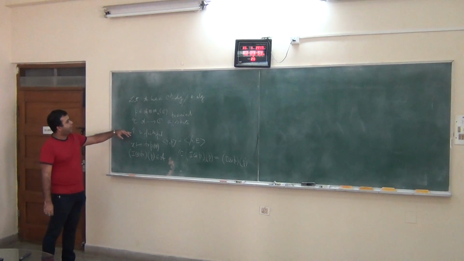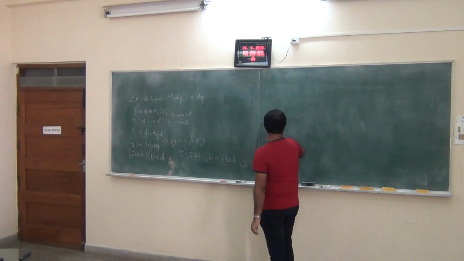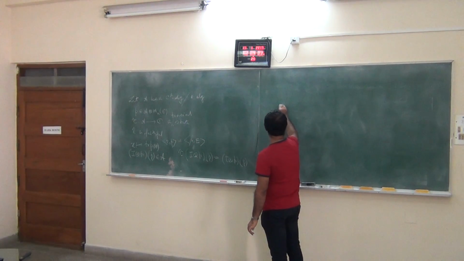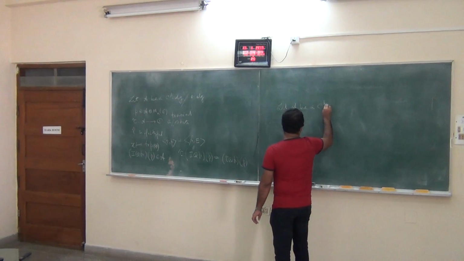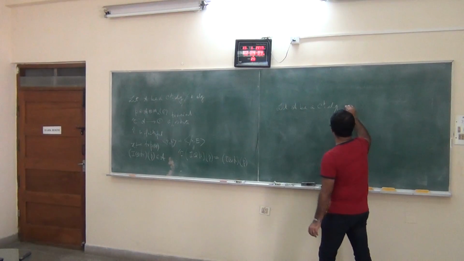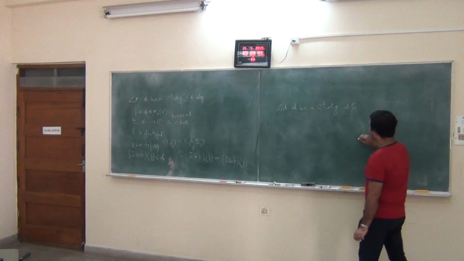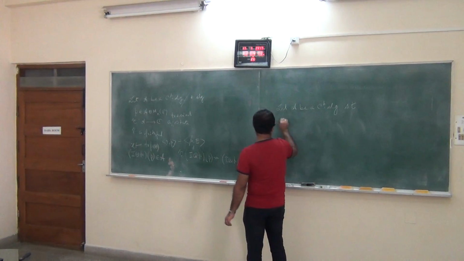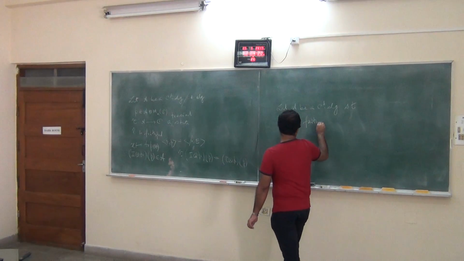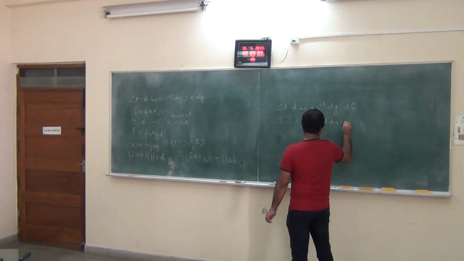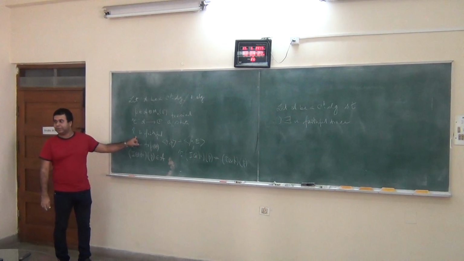So if I have something like that, say let A be a C-star algebra such that, first of all, there exists a faithful trace. The meaning of faithful trace is clear to everybody.